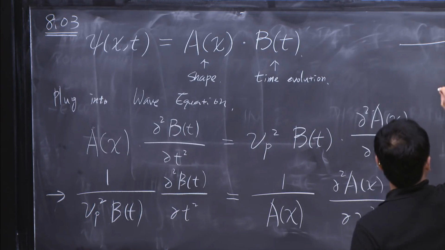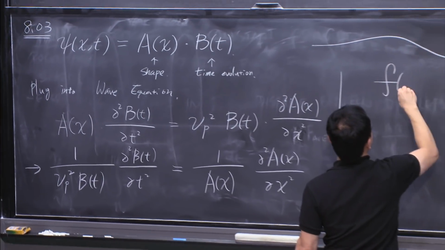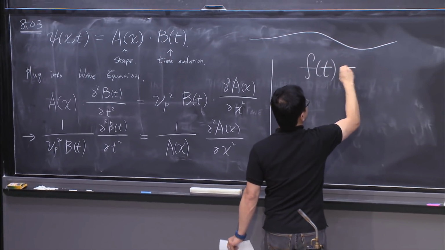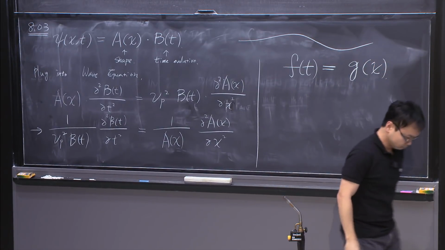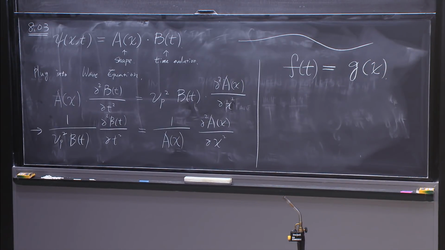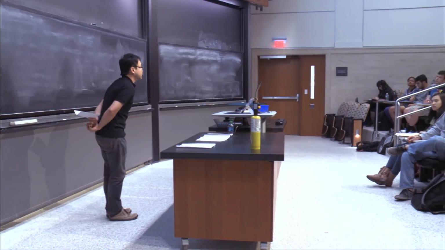So in short, I have f of t, the left-hand side, equal to g of x. You will see this over and over again in later physics lectures. This is the so-called separation of variables. So you are facing the situation f(t) equals g(x).